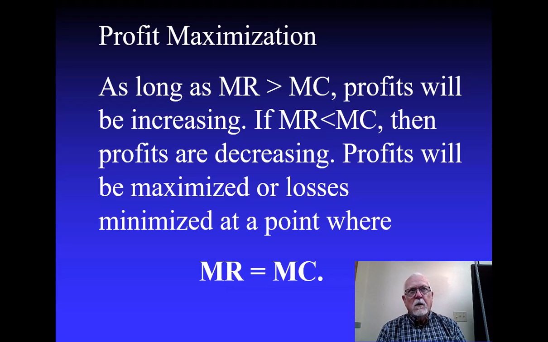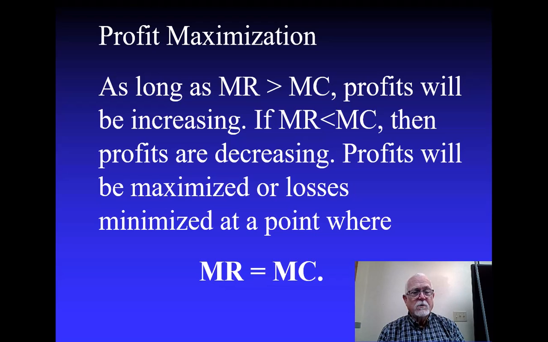Now, to maximize profits, a firm would look at, if I sell one more unit, what's that going to add to my total revenues? That would be my marginal revenue. What increase in total cost will occur as a result of producing and selling one more unit? That would be my marginal cost.